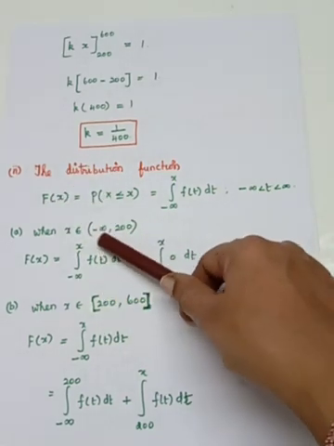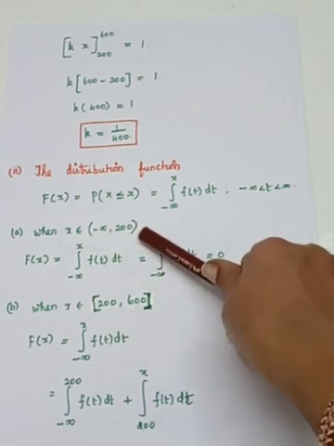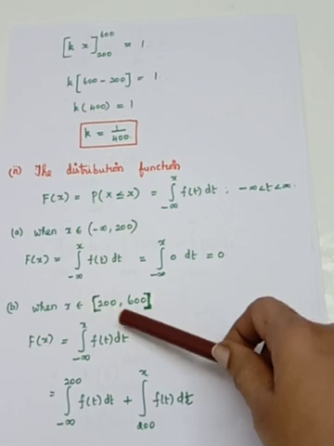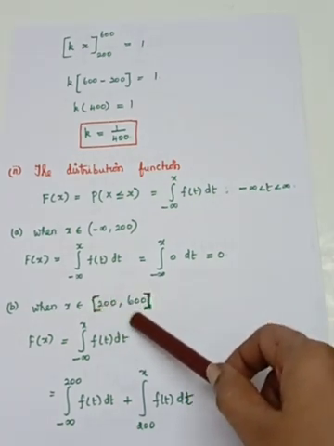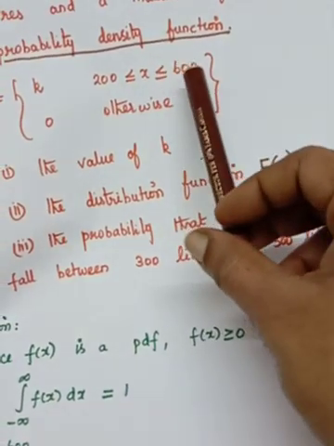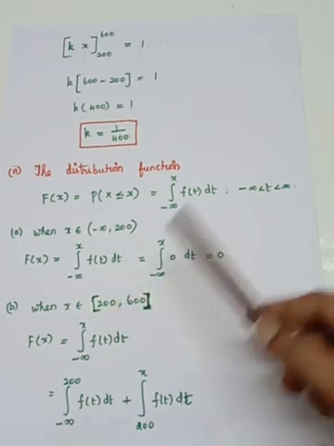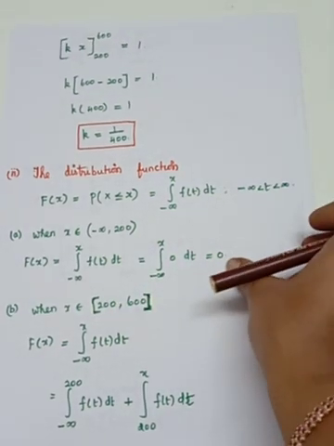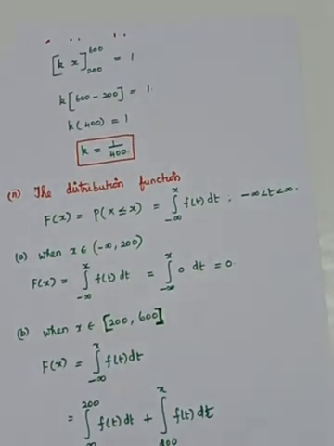One is minus infinity to 200, open interval. Next 200 to 600. Here I have used a closed bracket because you see that your x is here 200 and 600 is included. So that's why I have included it. So the next one is what? 600. Third case, what is it? It is 600 to infinity.